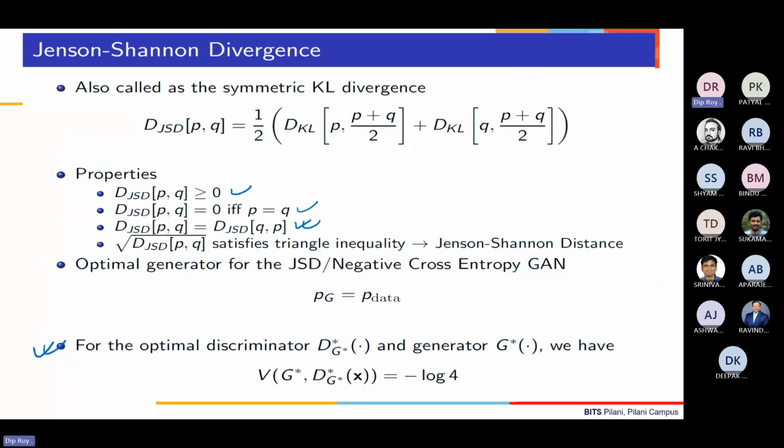Let me show you. This is the formula for JSD. In JSD, you see that it is the half of KL divergence between P and P plus Q by 2, plus KL divergence between Q and P plus Q by 2. Now we have to somehow bring these two in the equation.